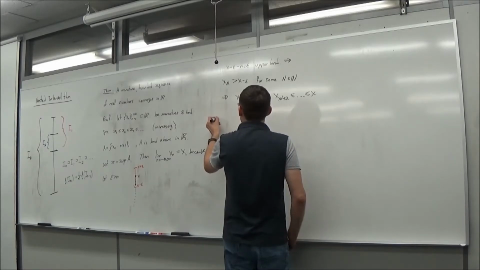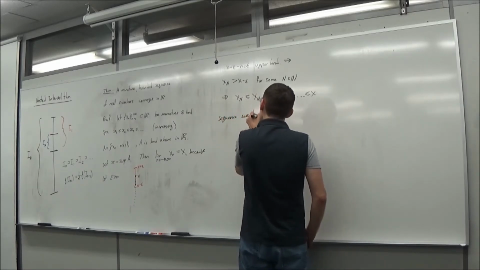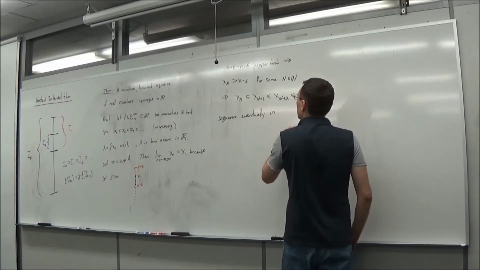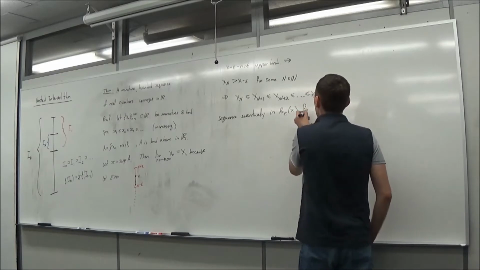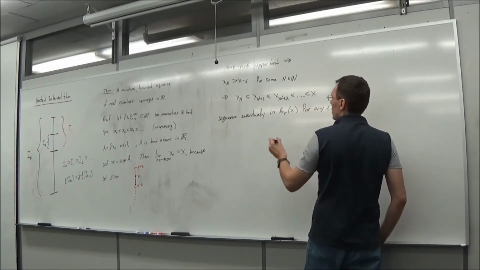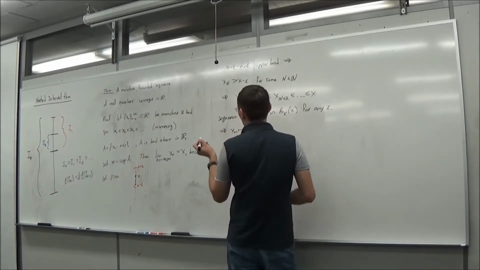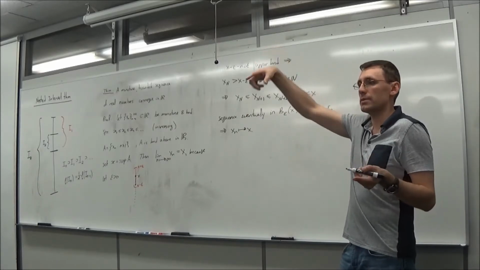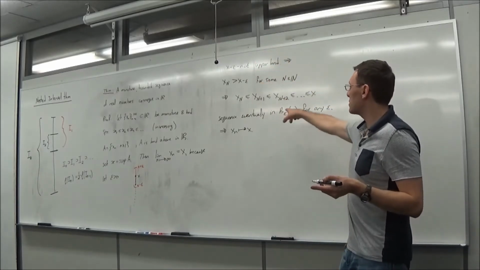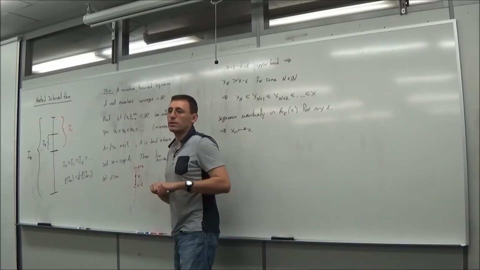So you can see that eventually the sequence is in the ball of radius epsilon around x for any epsilon, which implies x_n converges to x. That's what convergence is. Delete the first few terms, maybe the first many terms, but the tail of the sequence is within the ball. And that follows very simply from the increasing condition of the sequence.